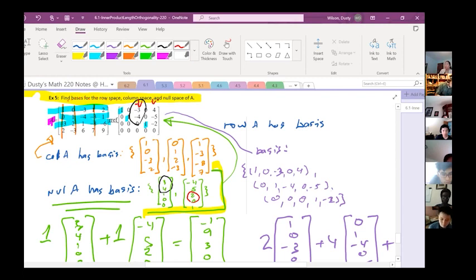So what should these green ones be? Let's just go back and do it that way. We should have 3, 4, and then -4, 5, 0, 2, 1.